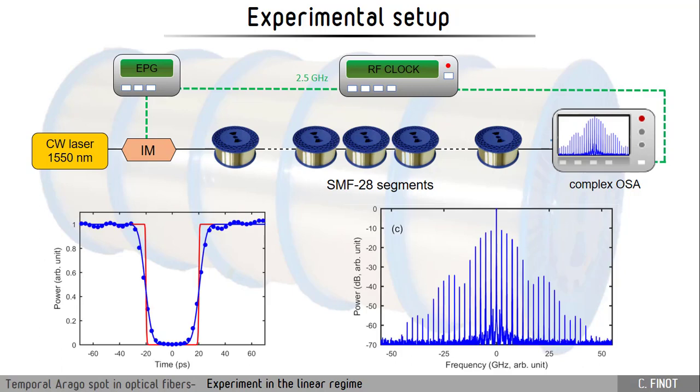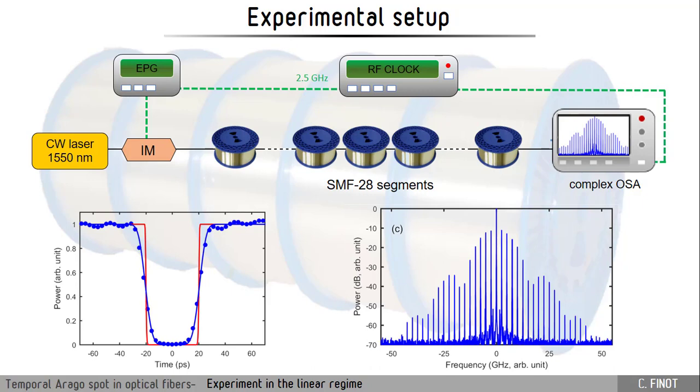Here it is plotted in blue circles, and what we see is that it is not perfectly rectangular, but the edges are very sharp. So we are quite close to the ideal initial condition that we have considered for the analytics. Here, in fact, we have something that is closer to a super Gaussian shape.